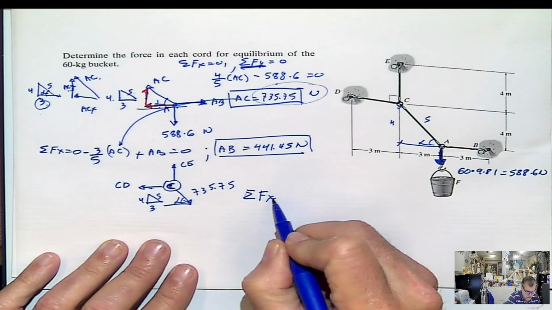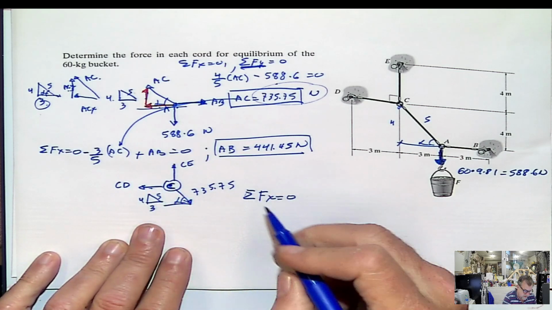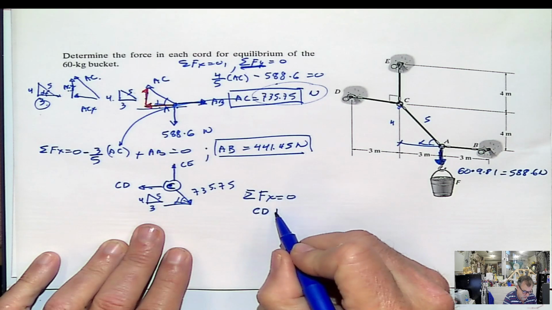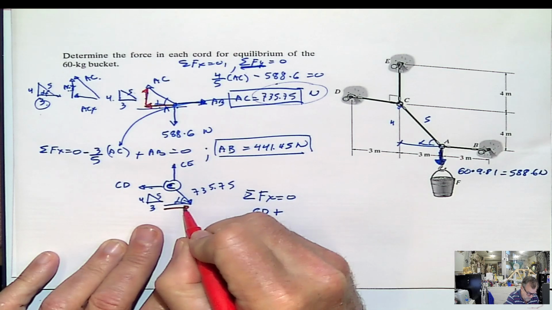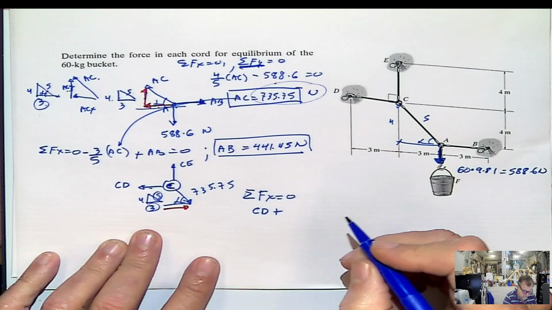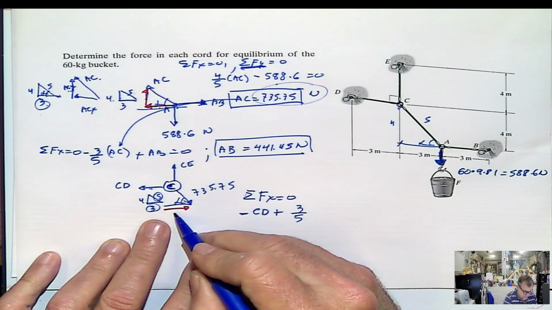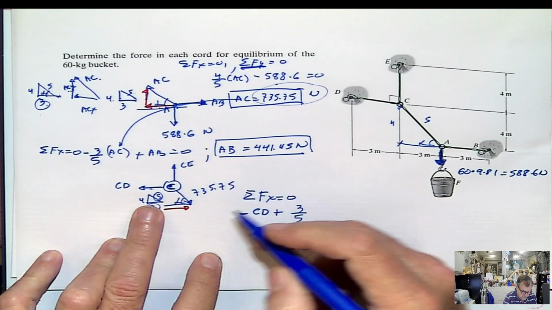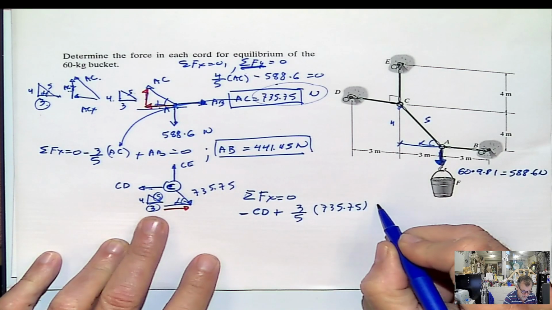So in this case, it's irrelevant. I'm going to say summation of forces in X equals 0, which is this one. That will be negative CD plus the X component of this force. That will be 3 over 5 times 735.75.